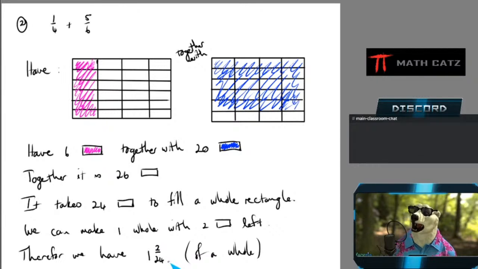But if you really have a compelling urge, you have to write the answer is 1 and 2 over 24 because that comes from my quantities, my sentences, and everything. If you then feel I need to simplify, must simplify, then after that, fine, I'll look the other way. But that's not technically a part of this question.